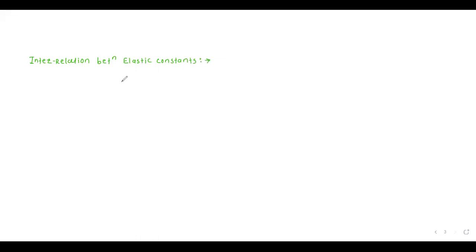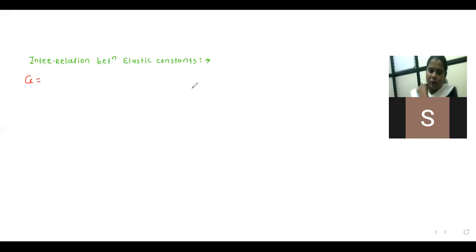Interrelation between elastic constants. Two equations we already know: G is equal to E divided by 2 in bracket 1 plus mu, and the second equation, K is equal to E divided by 3 in bracket 1 minus 2 mu.